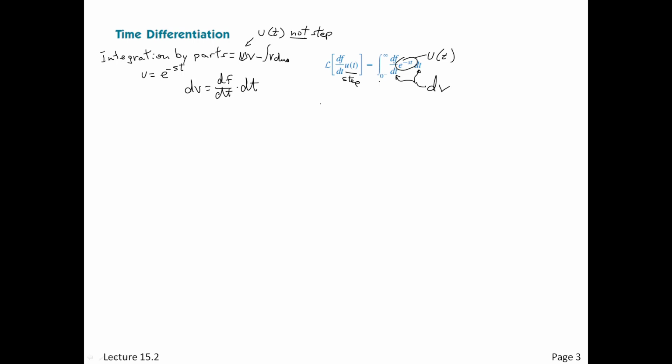So in the integration by parts formula, that's what we've got going. And to fill out what we want, we're going to need a uv, and then we're going to need a v du. So we really need all four parts of the two functions. So if u is this, right, then du, which we're going to need here in the formula, is equal to what? Take the derivative of u: minus s e to the minus st dt.